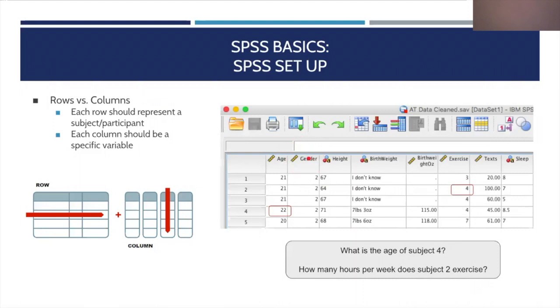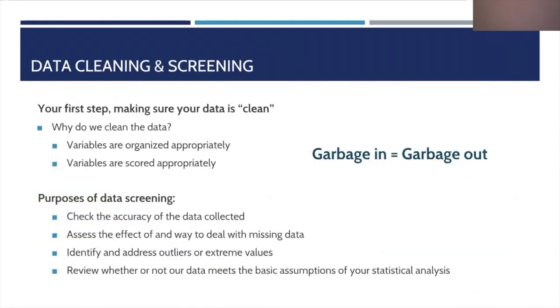So that's something that either I listed it incorrectly or Qualtrics listed it incorrectly after the download. So that's something I would have to screen for, and I'd go back and change to the correct level of measurement. Garbage in equals garbage out. You have to screen your data to make sure it's appropriate.